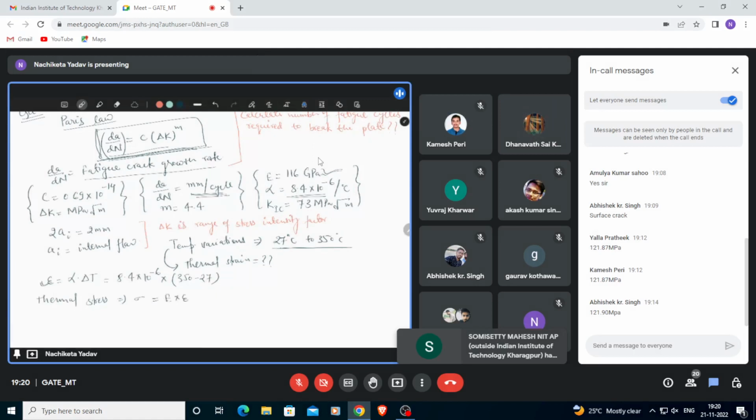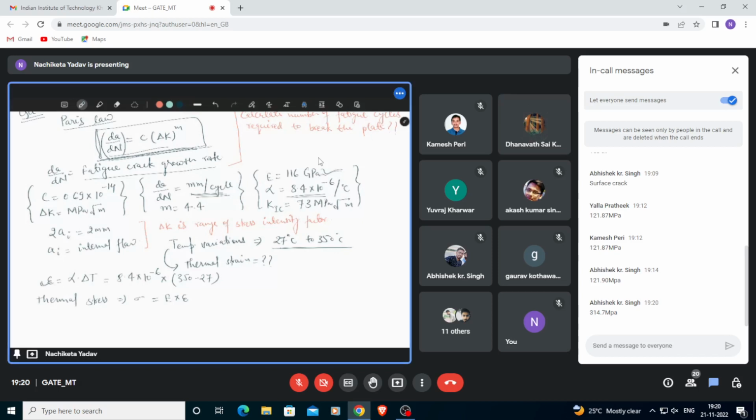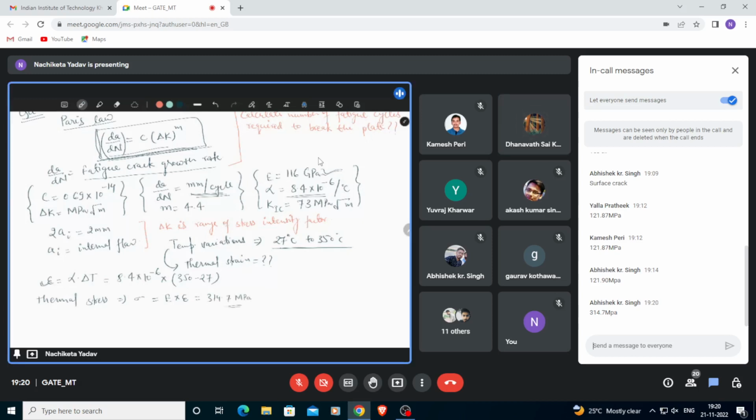So now can you calculate? Yeah, it will be 314.7 megapascal. It is the maximum stress.